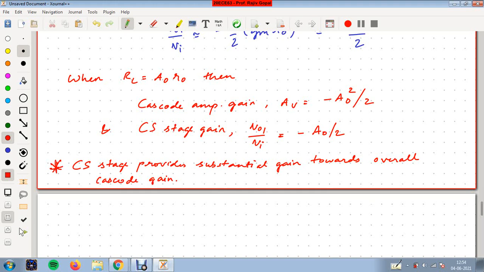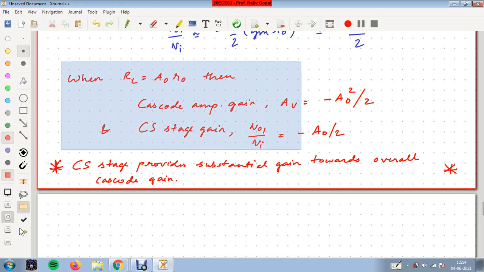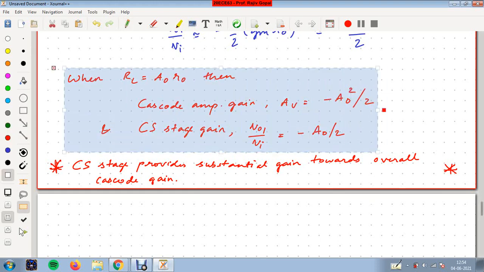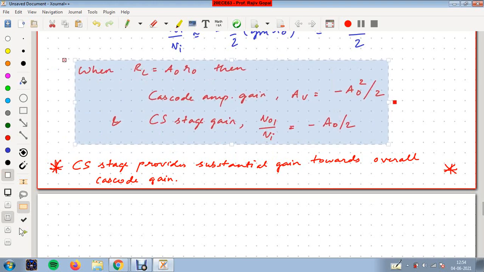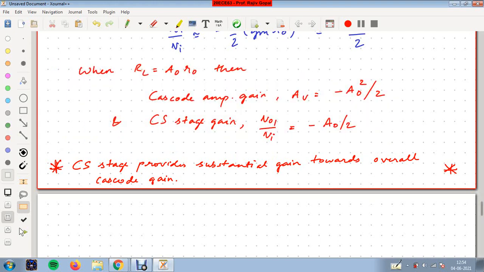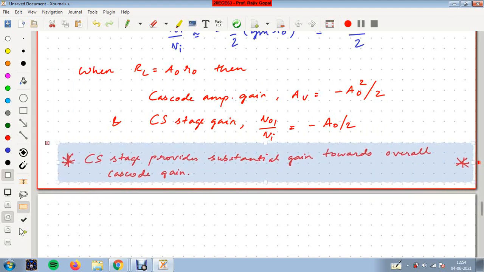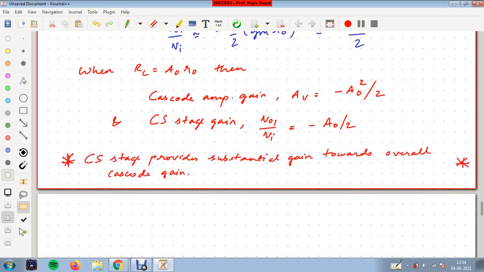So the common source stage in the cascode amplifier actually provides a substantial gain towards your overall cascode gain.